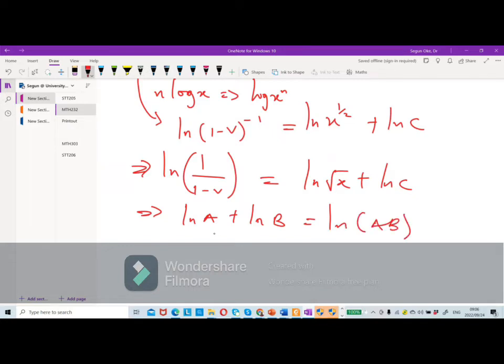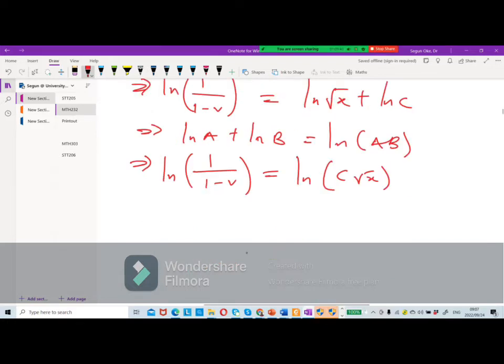So we're using it here by saying ln 1 over 1 minus v is equal to ln c square root of x. So then the ln will go with the ln. So we are left with 1 all over 1 minus v equals c square root of x.